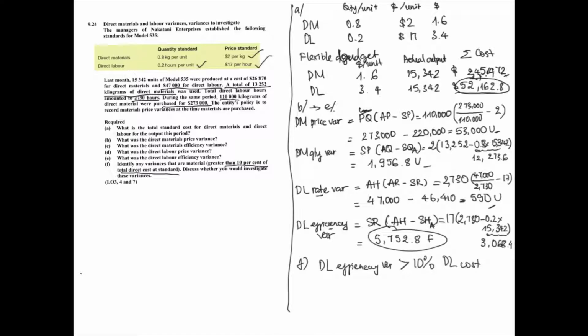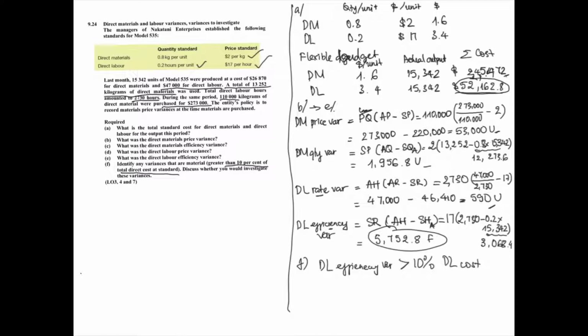So it seems a lot. Now when we look at the direct labor efficiency variance, we know that it's favorable. People spend significantly less time to produce that actual output. So you want to know whether people actually steal time or what, because this is something that you have to talk to the production managers to know.